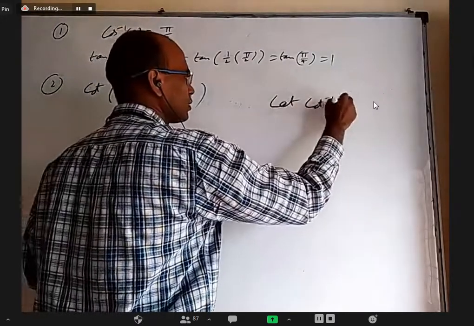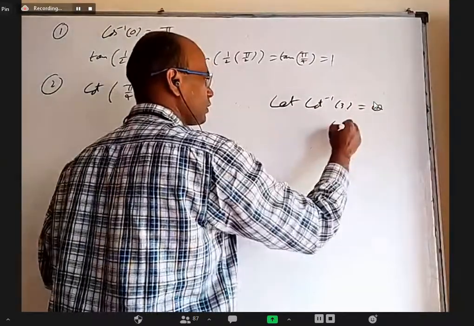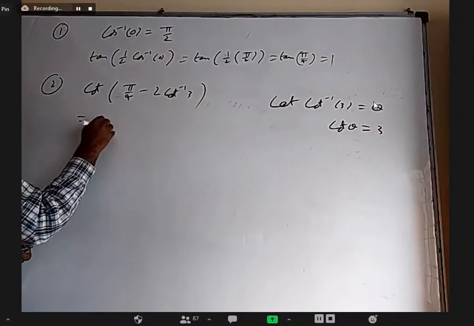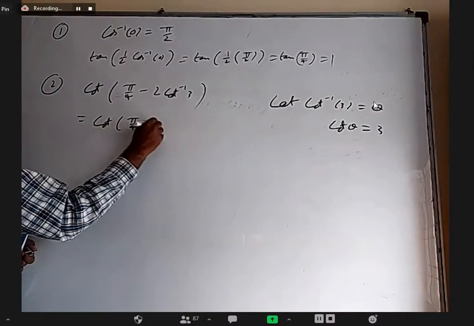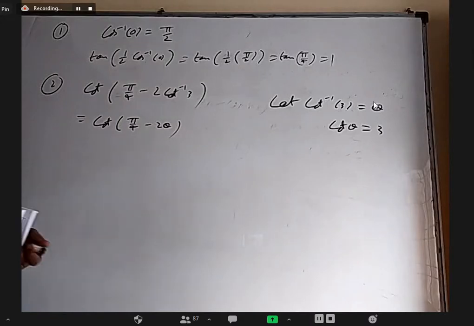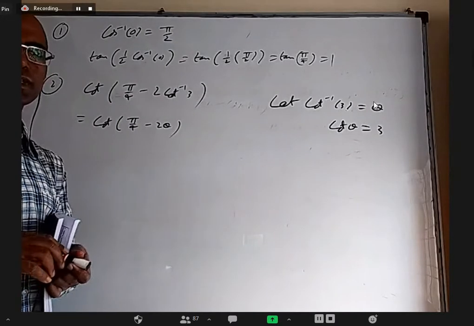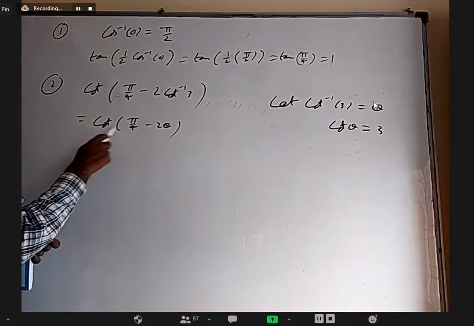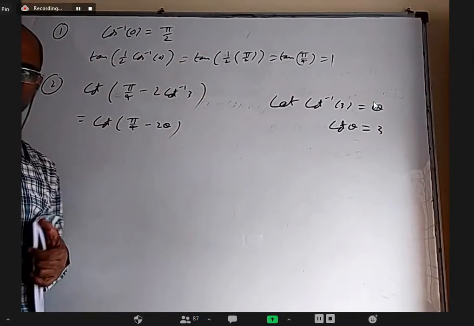Let cot inverse 3 equal theta, and cot theta equals 3. Now this will become cot of pi by 4 minus 2 theta. Now it is no more an inverse trigonometric question. It is a simple trigonometric question. Cot theta value is given to you and you want to find cot of pi by 4 minus 2 theta.